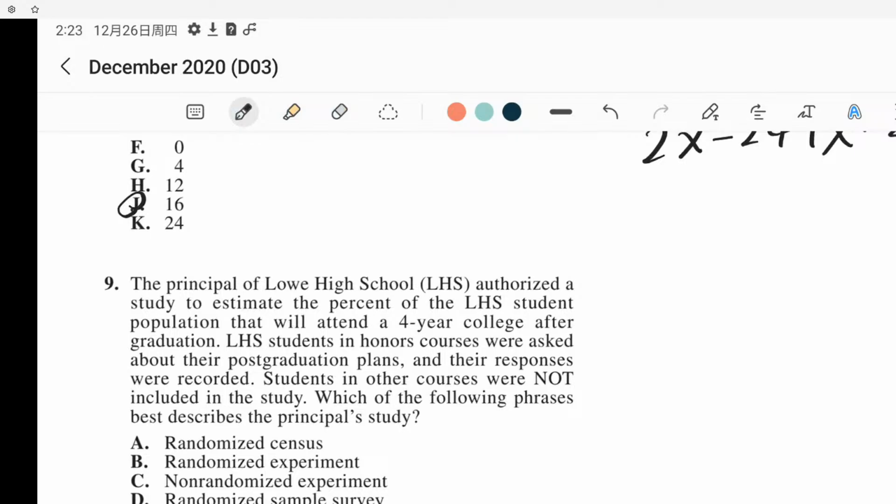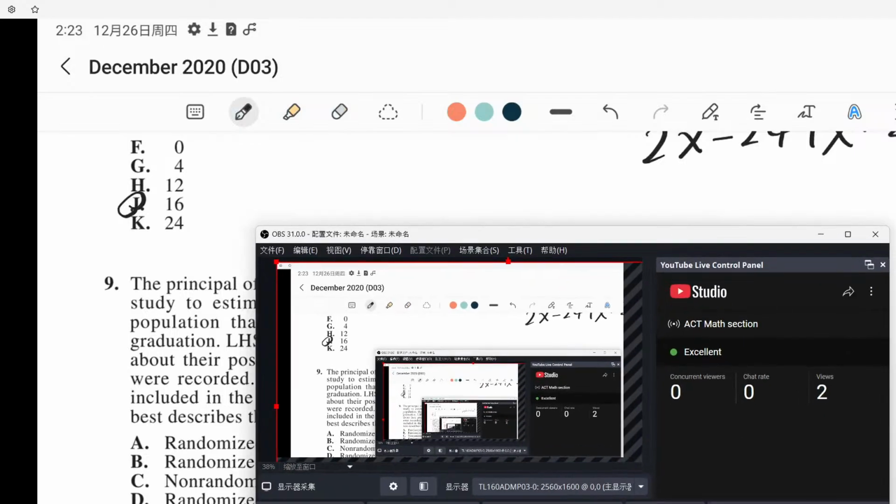Let's quickly check the answers to that, making sure that I'm not wrong. This is December 2020, DO3. And the answer to number 9 is E. It is E. Let's check our answers till now.